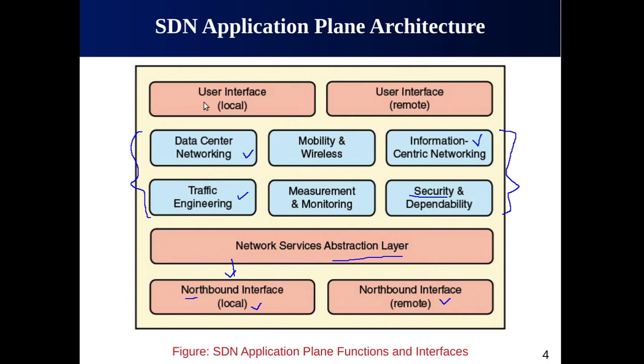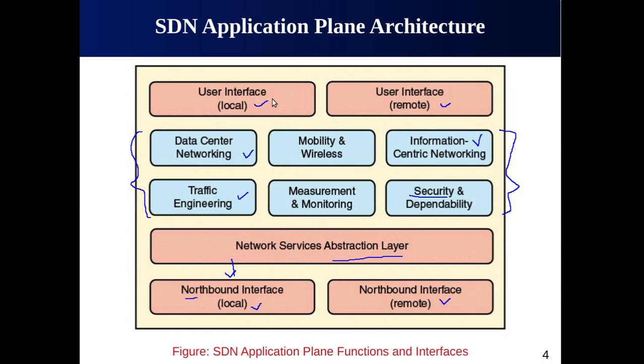And then the other component is the user interface. As you know, interfaces enable a user to configure different types of parameters in the SDN applications, and to interact with the applications themselves. You can see two possible types of interfaces: local and remote. The concept is the same.